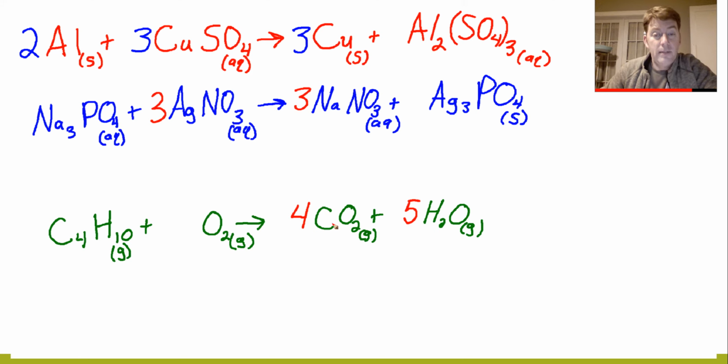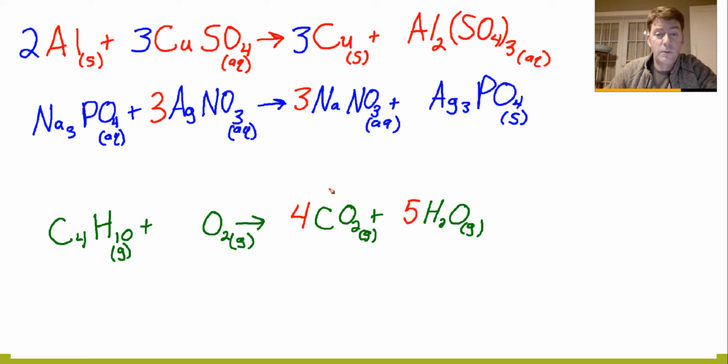Now, I'm going to add up my oxygen. I didn't say it before, but another tip when you're balancing is if you see something in 2 places on the same side of the equation, this is on the product side, both of these compounds have oxygen. So that makes it very difficult to try to balance that in the beginning.